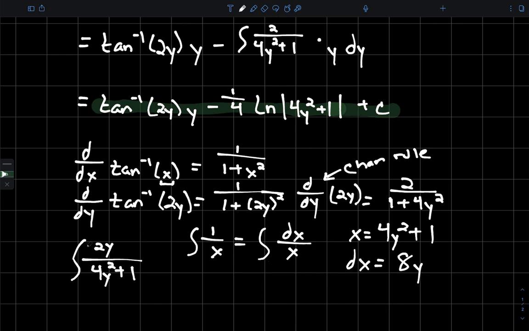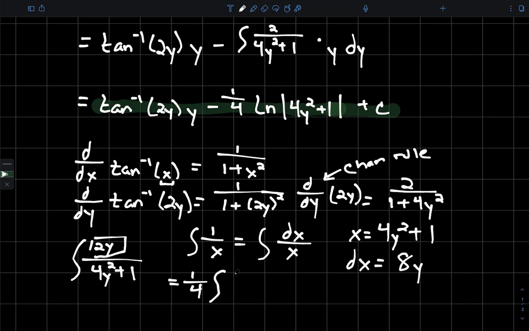But instead, we have a 2y here. So to accommodate that, we need to multiply by 1 over 4, right? Because if we had an 8y, divide that by 4, you're going to get 2y. And we want to plug that in.